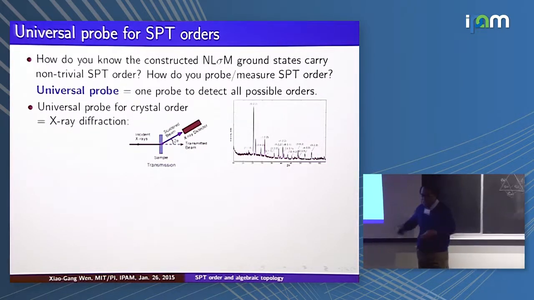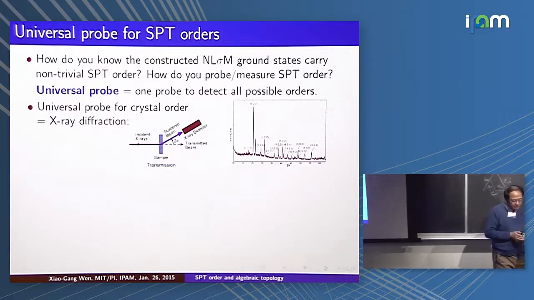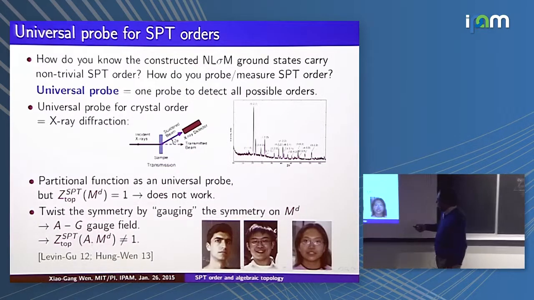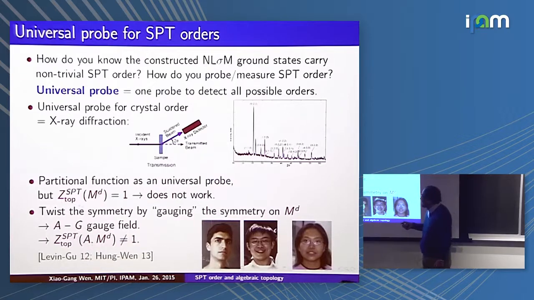And here we need to find something like X-ray diffraction, which can probe these different SPT phases. One idea is to use the partition function. But the trouble is that the partition functions all equal 1, so they don't distinguish any of those models. So using the partition function on different space-time manifolds doesn't work. They're all equal to 1, so they cannot distinguish them.